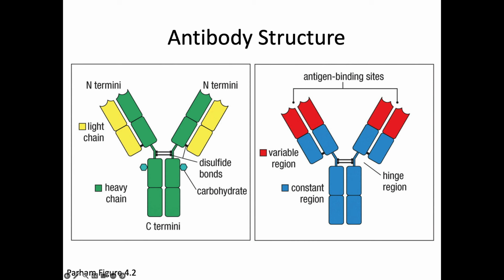The 2 constant regions of heavy and light chain, are they the same? That's a good question. I've only mentioned details about the heavy chain constant region. There is a light chain constant region that for the most part no one cares about.